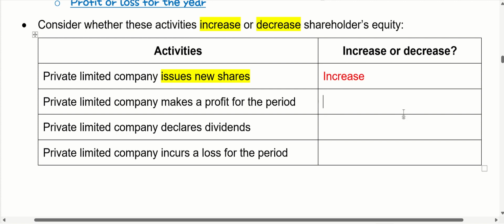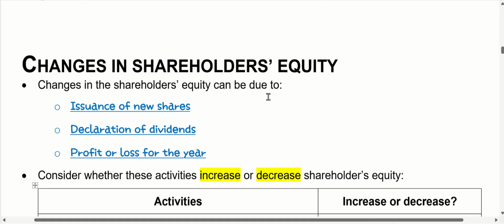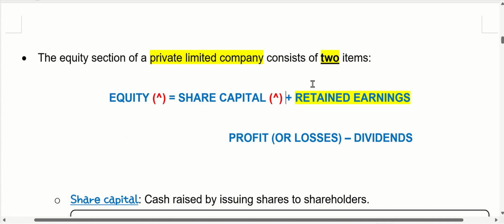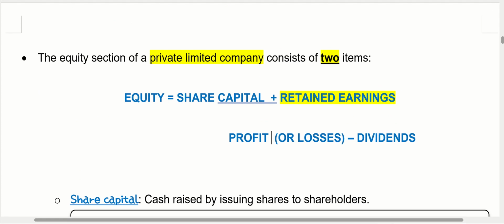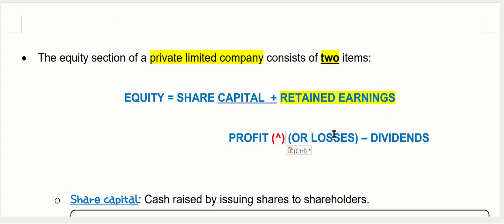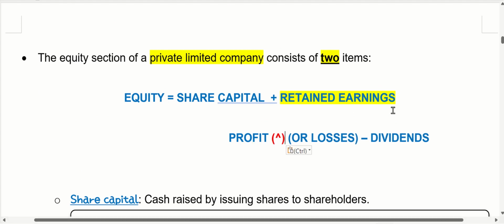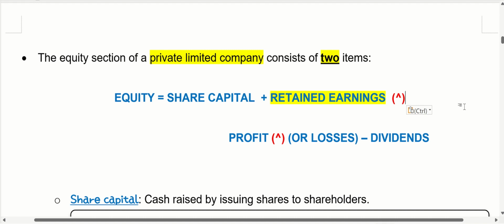All right? Okay, let's take a look at the second one. When your business makes a profit for the period, what happens then? So let's take a look here at the equation. When you earn a profit, profit goes up. When profit goes up, retained earnings also go up, more retained earnings.